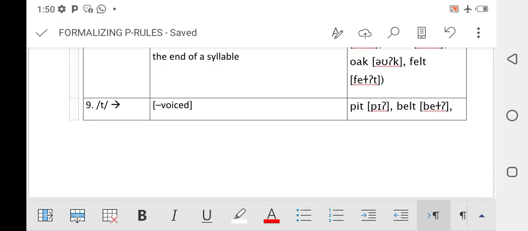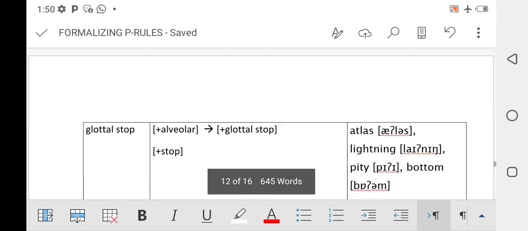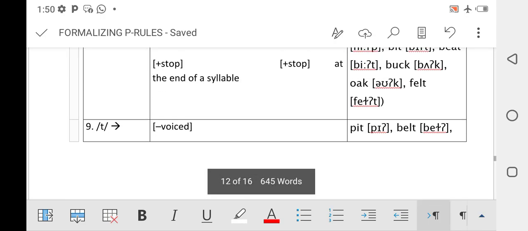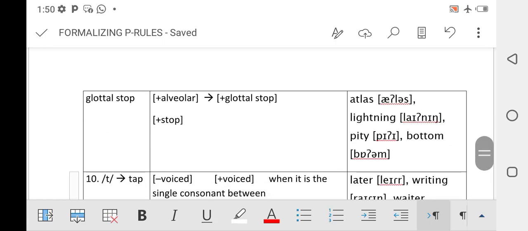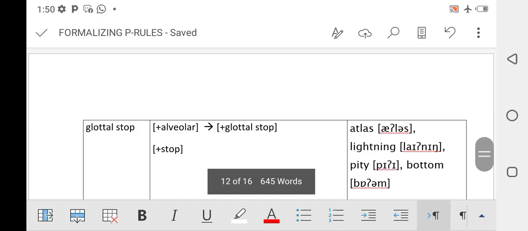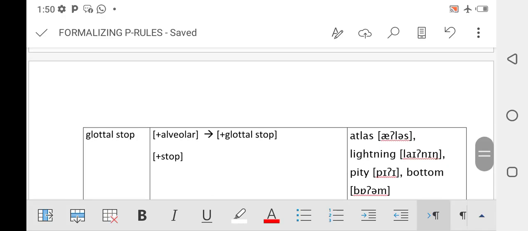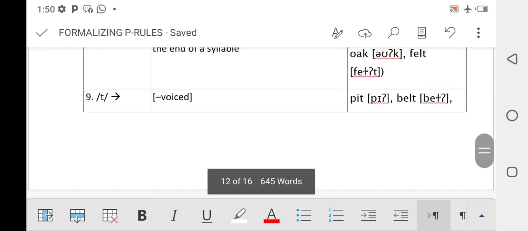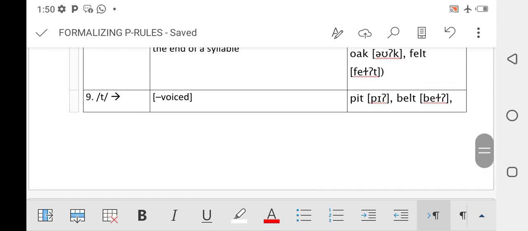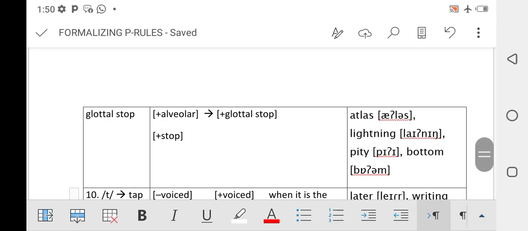All right, we have glottal stop. Okay, so a voiceless alveolar stop is realized as a glottal stop. For instance, in Pete, Americans may call it Pe'; bottle, atlas, lightning.